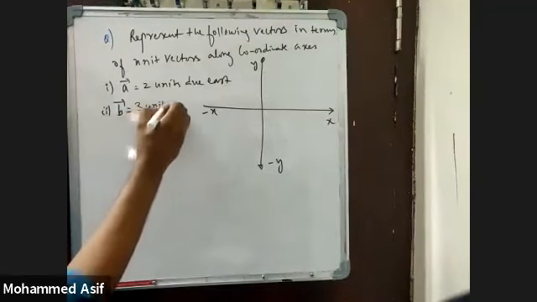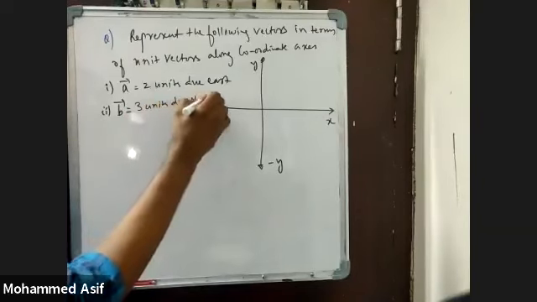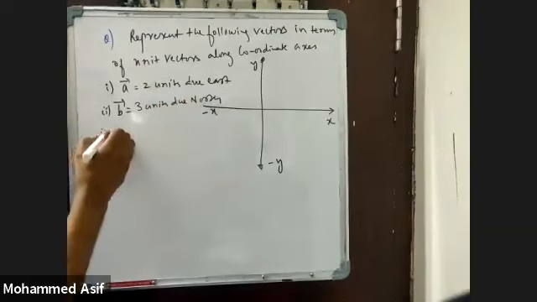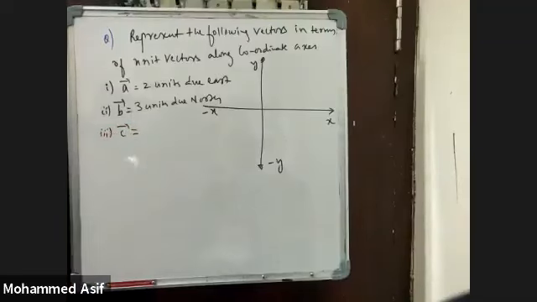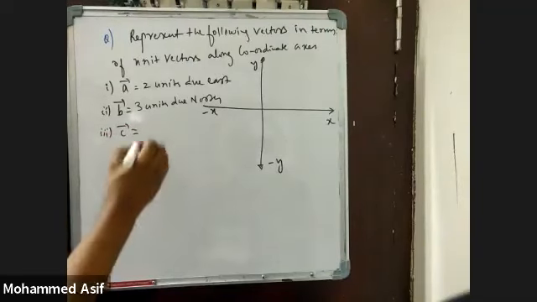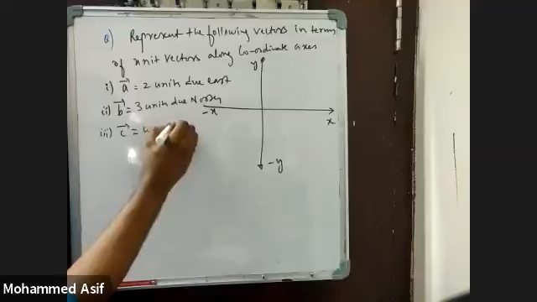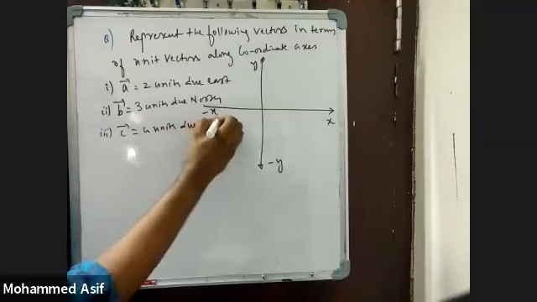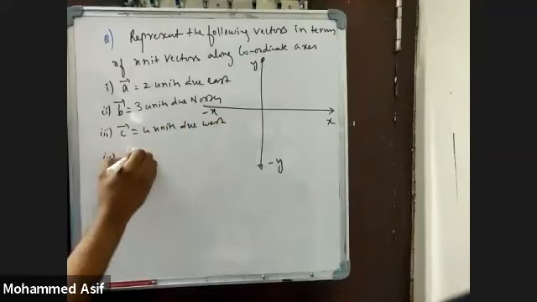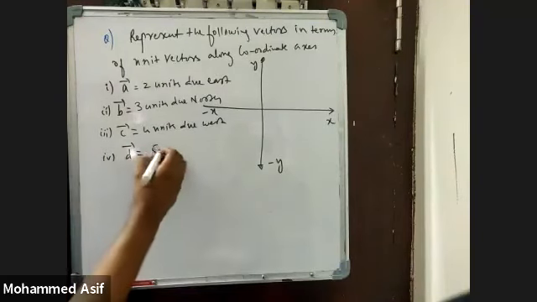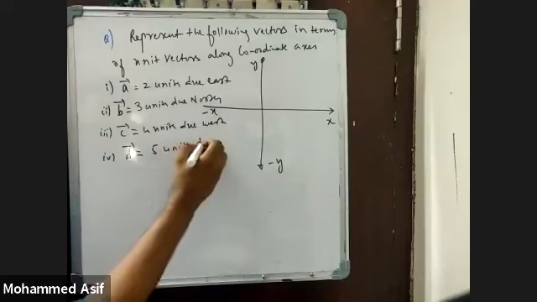Third, C bar is equal to 4 units due west. And fourth, D bar is equal to 5 units due south. Tell me the answer.